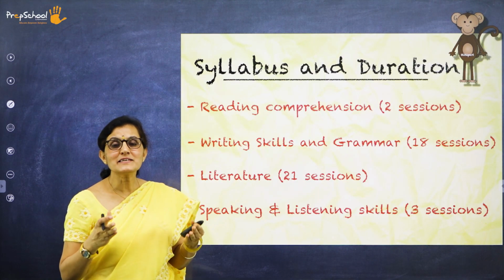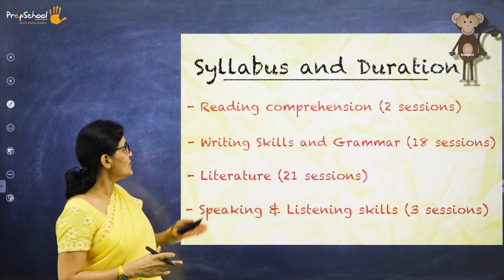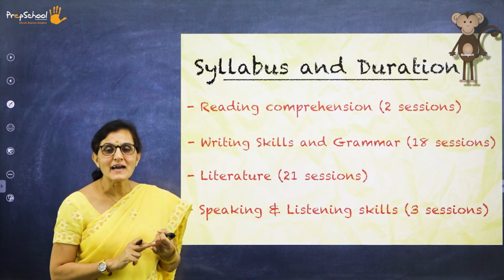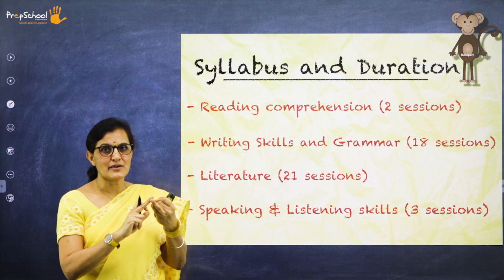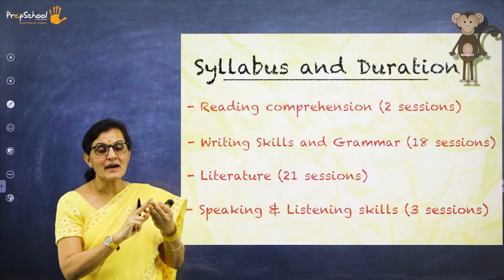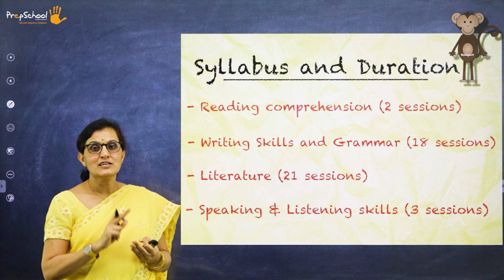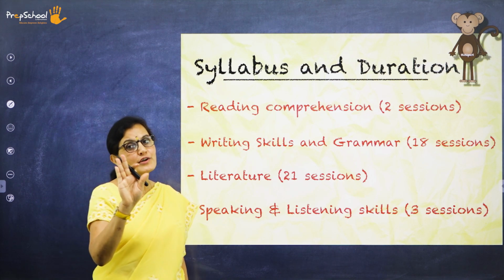So, going into the specifics of the portions that you need to cover, it includes everything that is written over here. It is broadly categorized into reading comprehension, writing skills and grammar, literature, and assessment on listening and speaking skills. To repeat, remember, your syllabus includes 4 kinds.